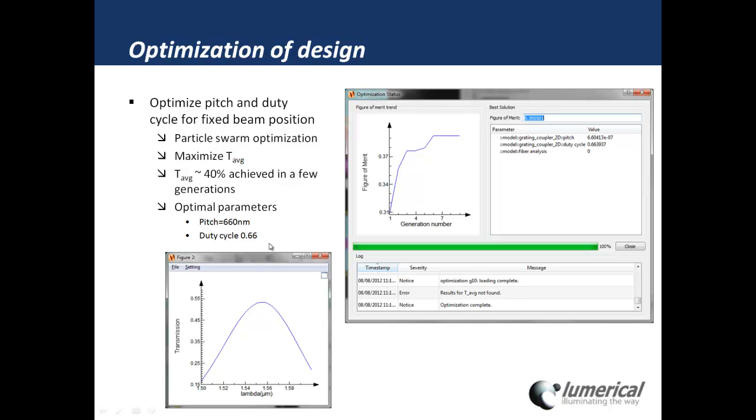And we also found a duty cycle of 0.66. I should say that the duty cycle was not something that we could predict with the back of the envelope calculation, and so I just used a duty cycle of 0.5 initially, but it turns out that 0.66 is more optimal. And then this is the transmission that we can achieve with these parameters.